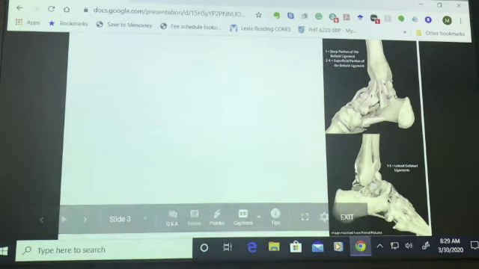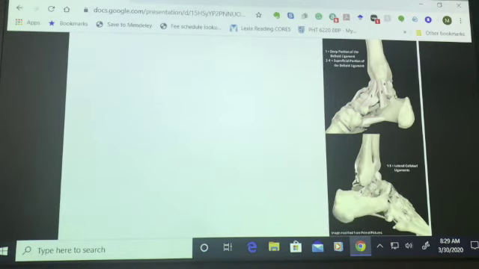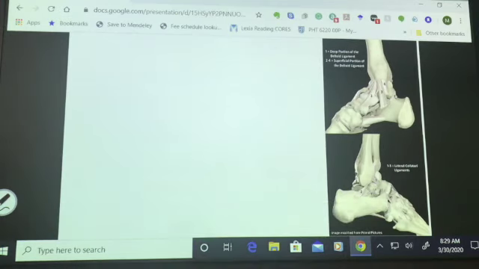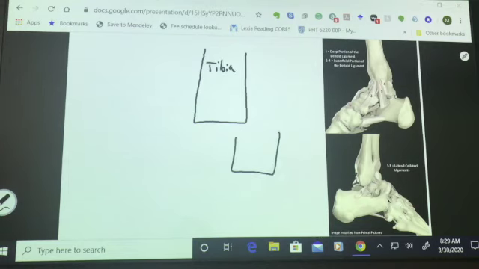So moving on to the ligaments, what we look at here is we have a medial picture, and we have a lateral picture. Medial ligaments for the ankle, pretty darn easy. Okay, I'm just gonna be honest with you. All right, here's my tibia. Here's my calcaneus.